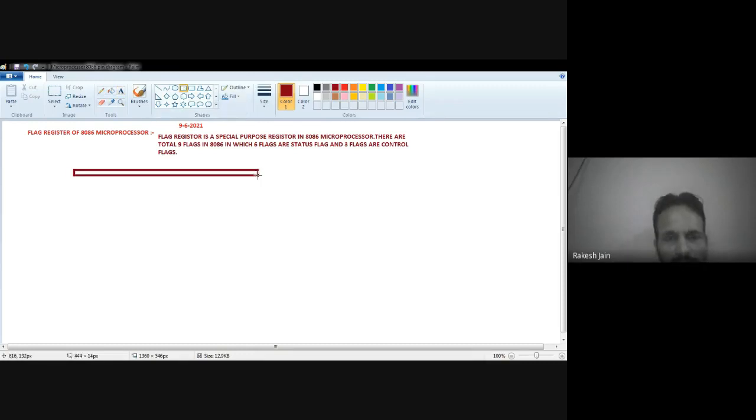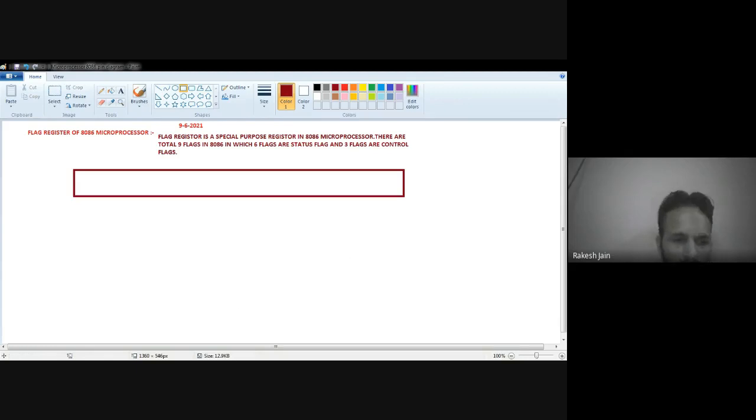So you can see the different flags of the 8086 microprocessor. Wherever I write a cross, those are user definable bits. They will not be used by the flags itself. You can see the carry flag, parity flag, auxiliary carry flag, zero flag, and so on, through bits 1, 2, 3, up to 16.